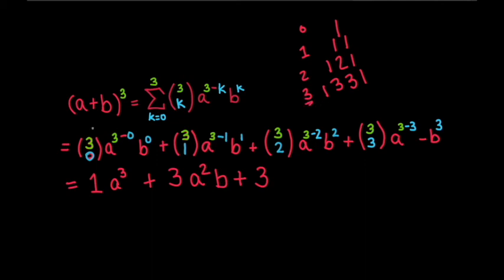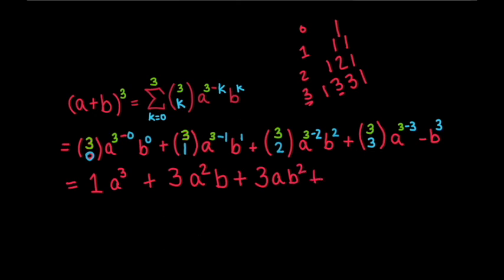Well, I know that the 0th term is 1, so I could just plug in like that. I know that the first term here is 3, and the second term is 3, so 3 choose 2, right? And that's a very quick way to be able to do all of this.